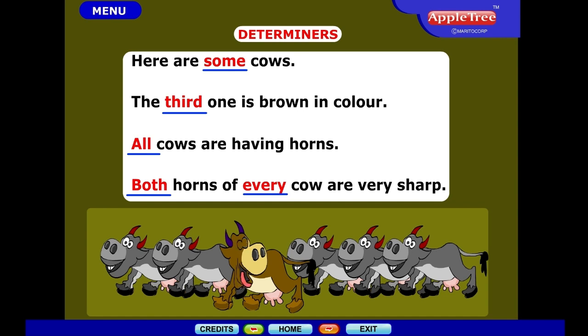Look at these sentences. Here are some cows. The third one is brown in color. All cows are having horns. Both horns of every cow are very sharp. Note here, the adjectives of quantity are underlined.